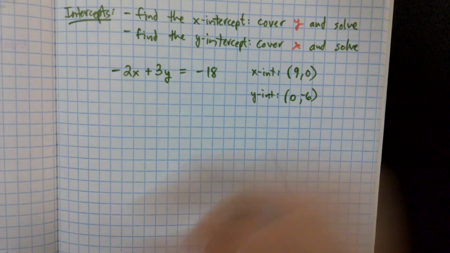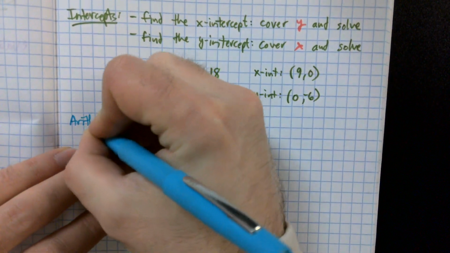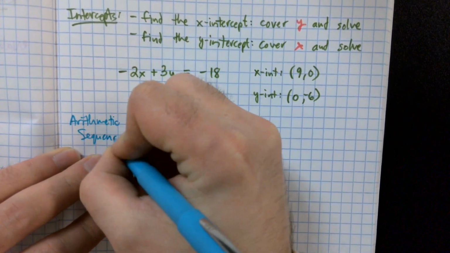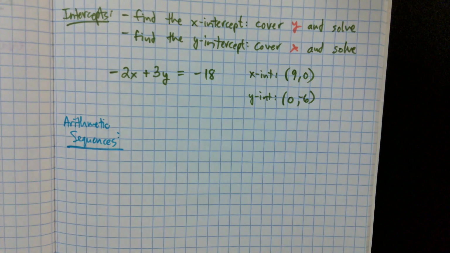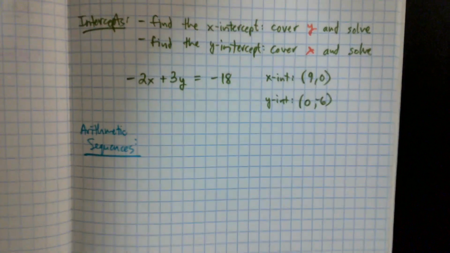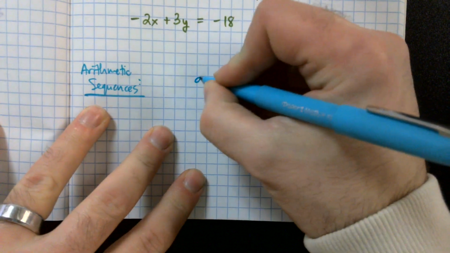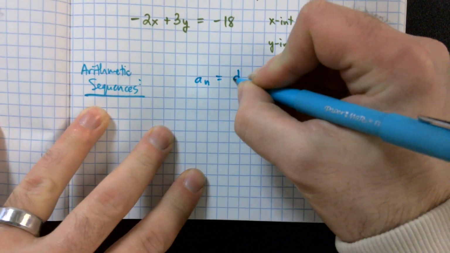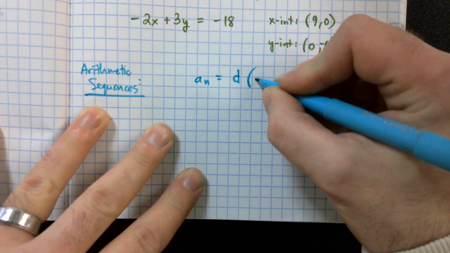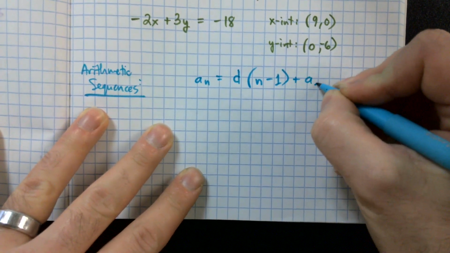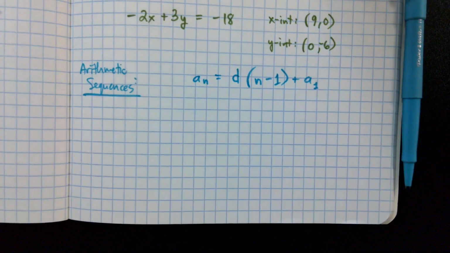Let's talk about arithmetic sequences. Okay, the formula for an arithmetic sequence is a sub n is equal to d times the quantity of n minus 1 plus a sub 1. You guys remember when we did that earlier in the year?